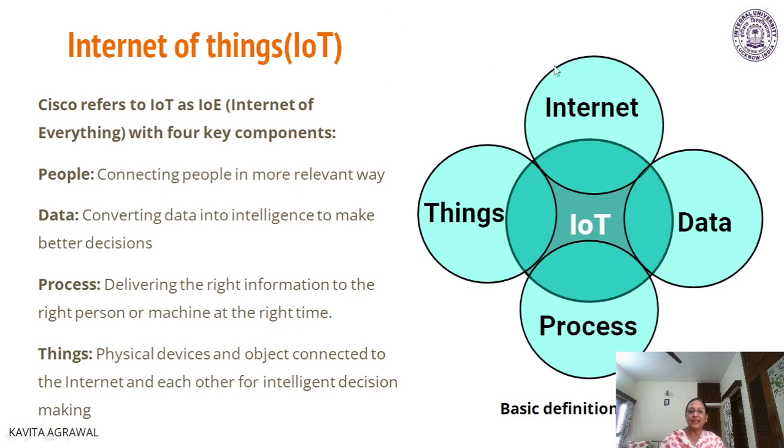If we look at this diagram, we have four components, and together these four components are making Internet of Things. We have people, which are connected with the help of internet, so internet is a very, very important component. We have things, or the devices or the objects.